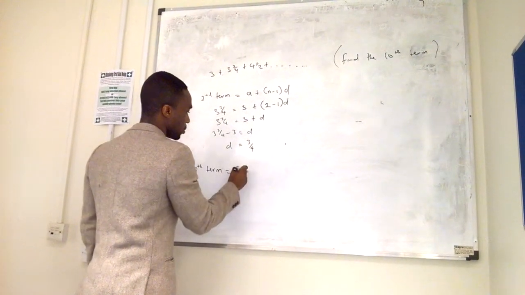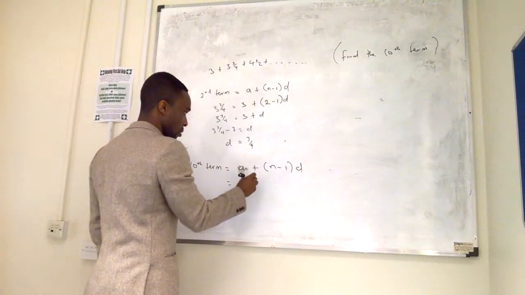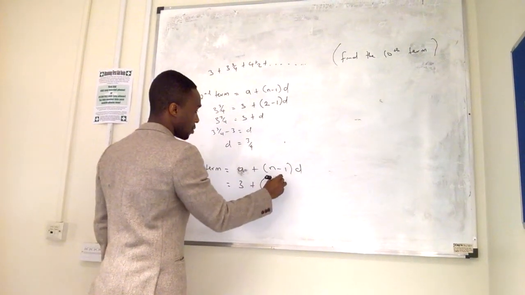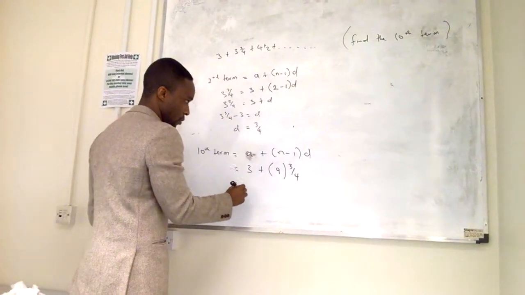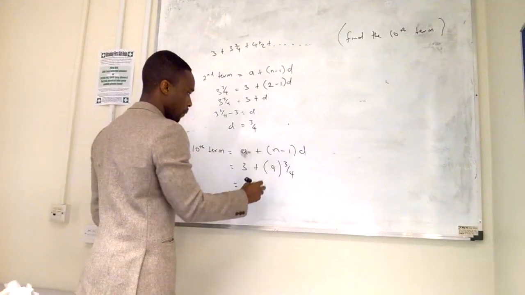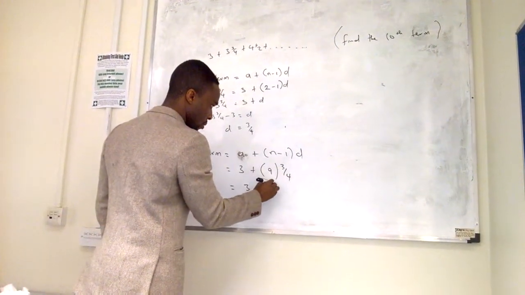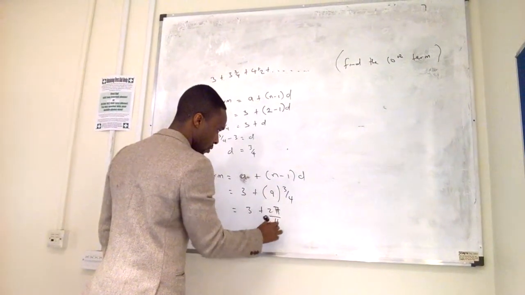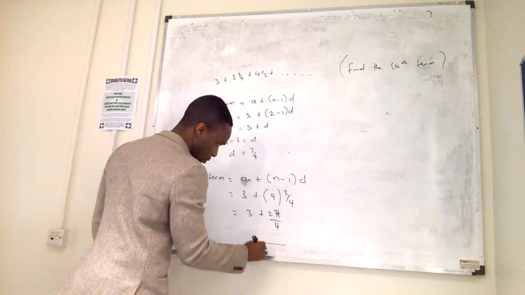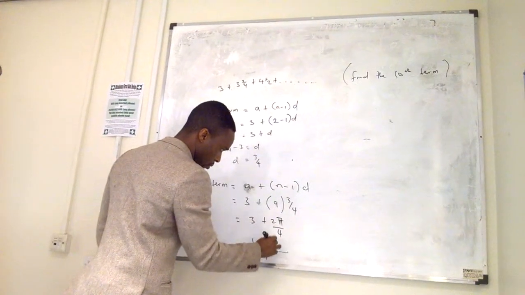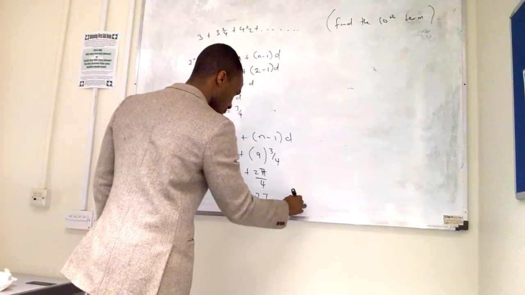Let me first write it properly: A plus (n minus 1) times D, and this will be 3 plus 9 times 3 over 4. 9 times 3 is 27. So 3 plus 27 over 4, and this would be 39 over 4.